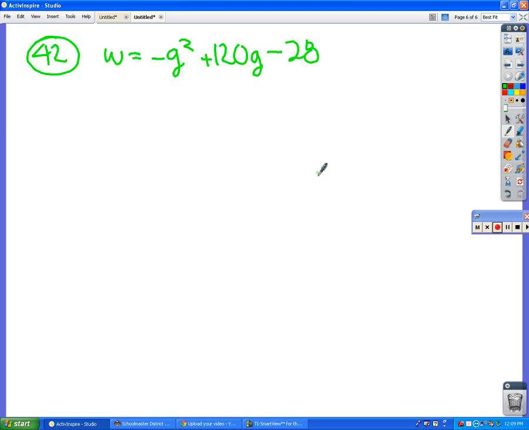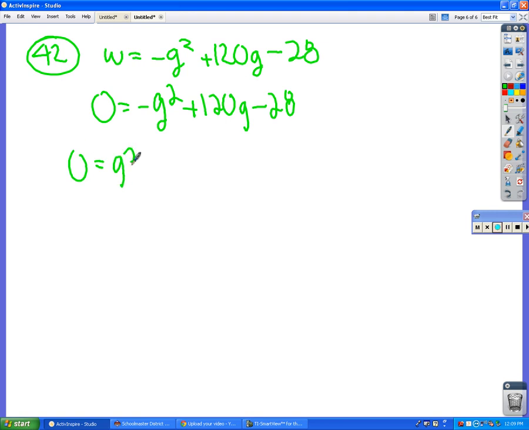Yeah, it goes in for the W. So I'm going to rewrite this as 0 equals all this stuff, and then try to solve this. But just like we did in the other problem, I don't like the negative with my squared. So I'm going to multiply everything by -1, which changes the sign on all of these terms.